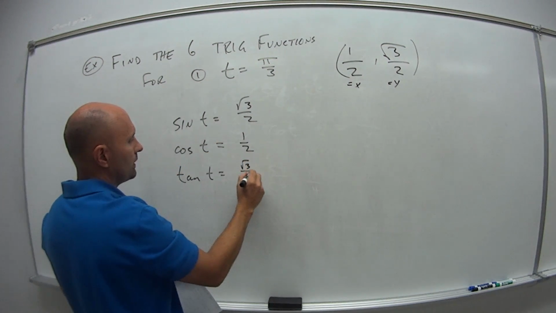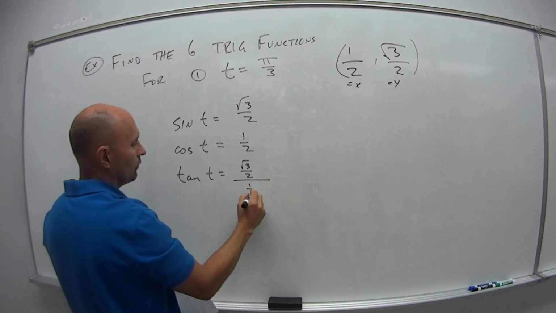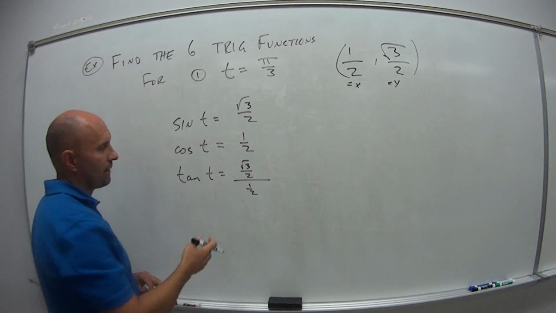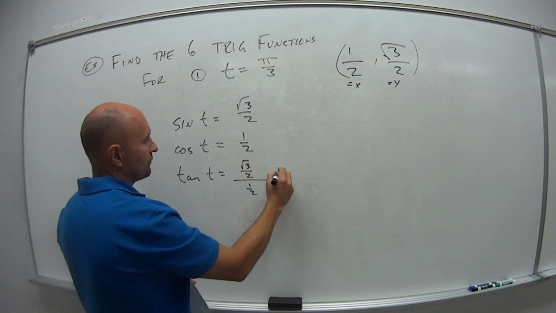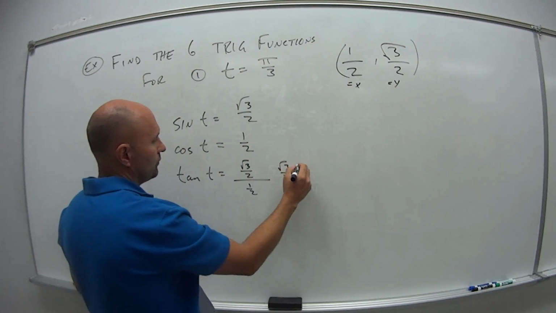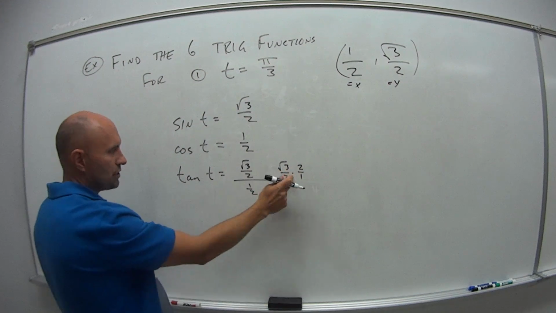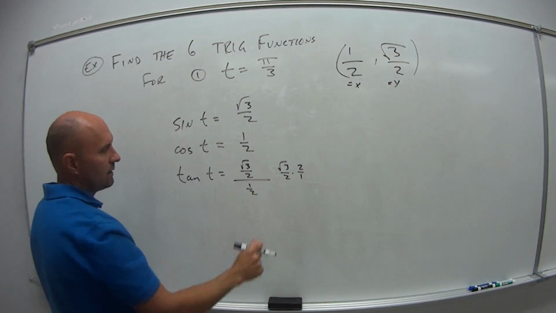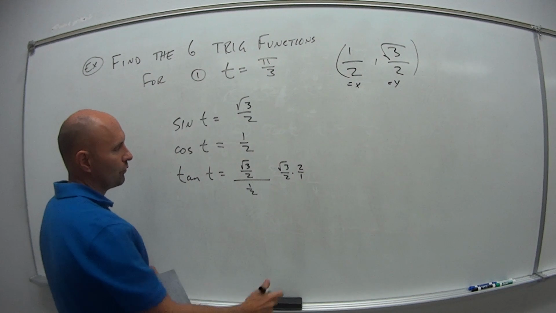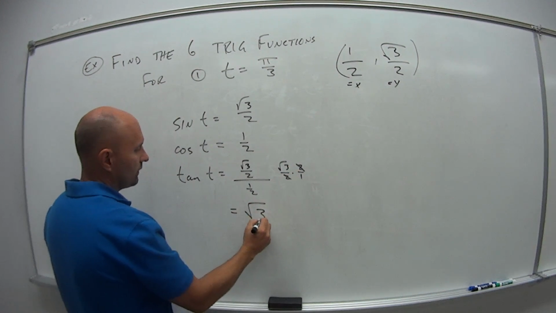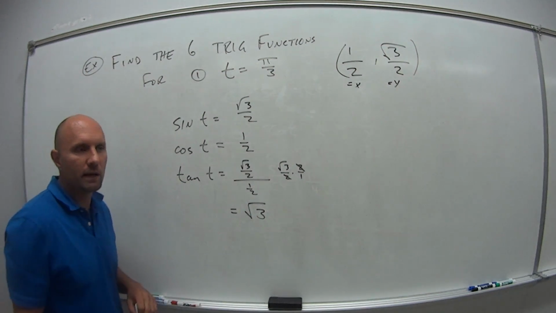So square root of 3 over 2 all over 1/2. This is our fraction math. If we're going to do keep, change, flip, we have square root of 3 over 2 times 2 over 1. We keep the first one, we change the sign to multiplication, and flip the 1/2 to be 2 over 1. The 2's cancel, which means this is square root of 3.